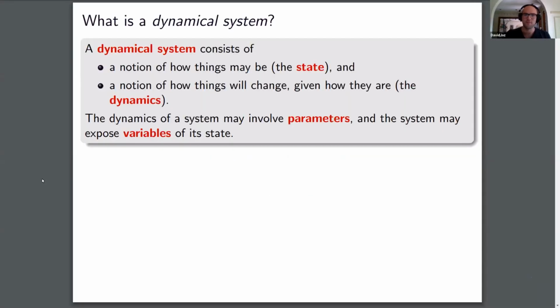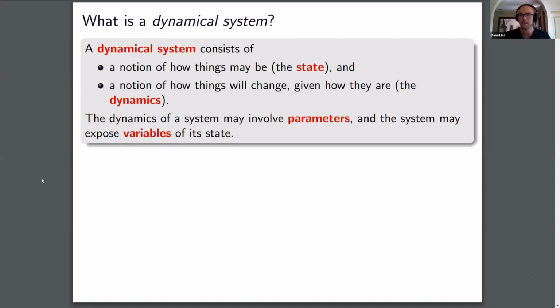So let me start with talking about what a dynamical system is to me in the course of this talk. A dynamical system is going to involve two notions. It's a notion of how things may be, which we call the state, and a notion of how things will change given how they are. And that's what we might refer to as the dynamics of the system, or sometimes the update.